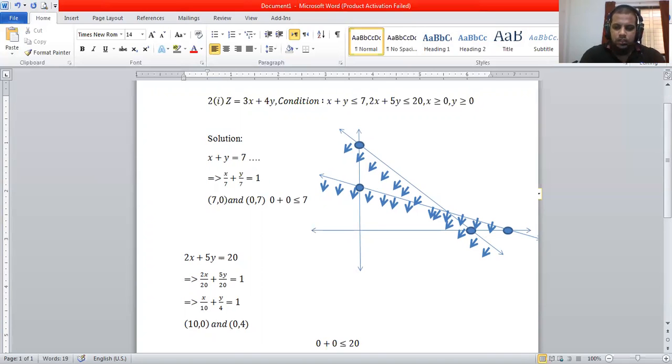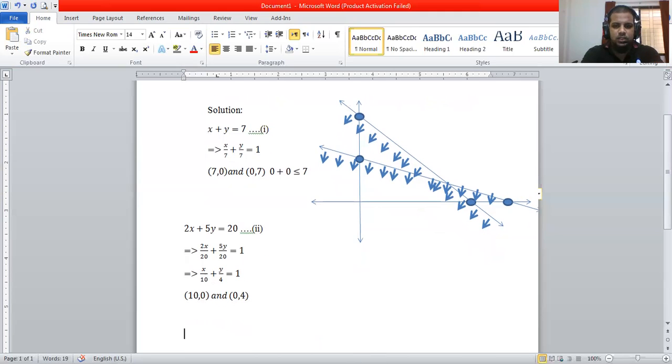We have to do the equation also. 1 and it is 2. It is unnecessary, just for giving the first. That's why we have written it 10 0 and 0 4.